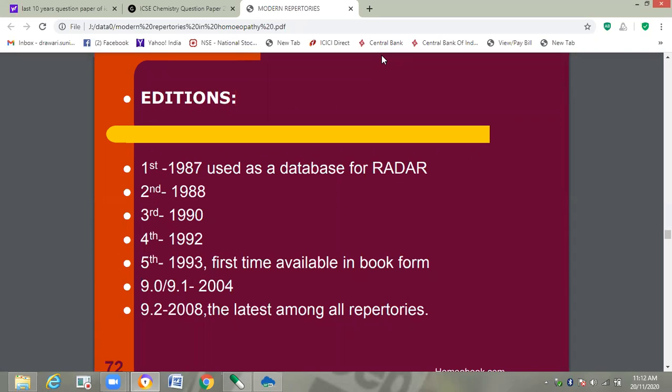But many homeopaths requested to print that Radar computer program. So on request of many homeopaths, this Synthesis Repertory was made available in print form for us.